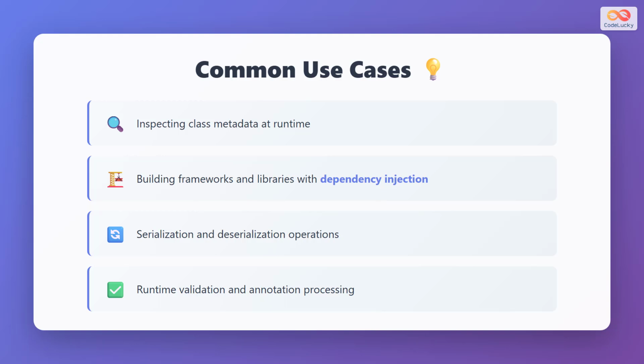Third, serialization and deserialization operations rely heavily on reflection to convert objects to and from different formats like JSON or XML. Finally, runtime validation and annotation processing use KClass to examine annotations and validate object structure dynamically, making it invaluable for frameworks like Spring and validation libraries.